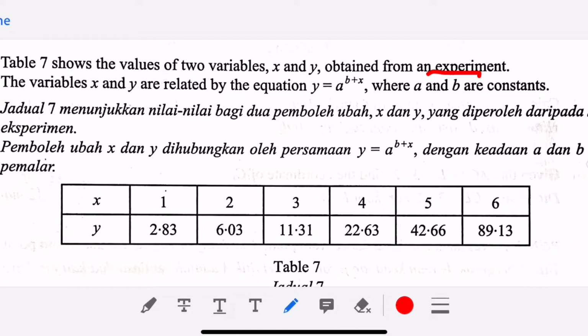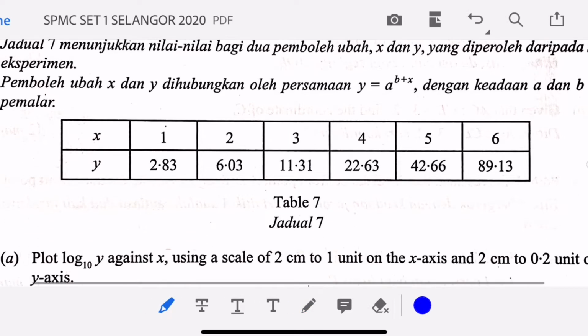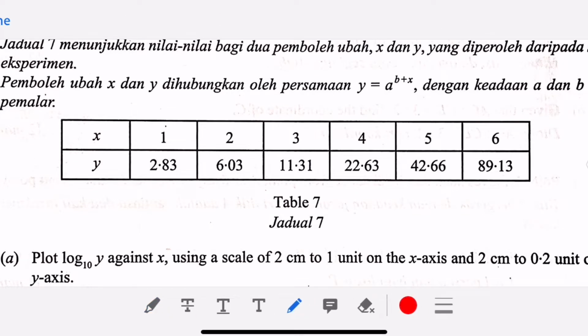The variables x and y are related by the equation y equal to a to the power of b plus x, where a and b are constants. It's very important to identify which are variables and which are constants. Normally for this kind of graph, we will plot the variable y against x.